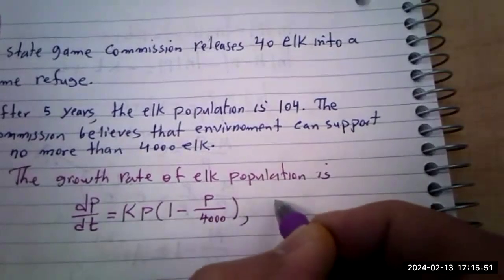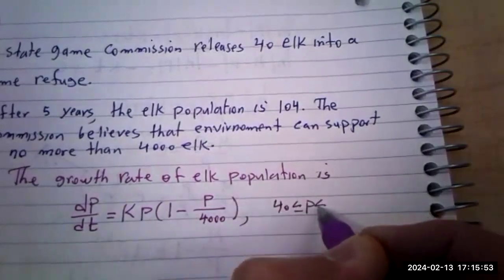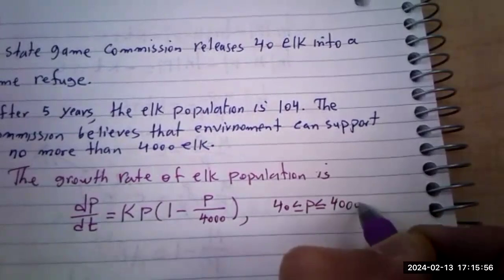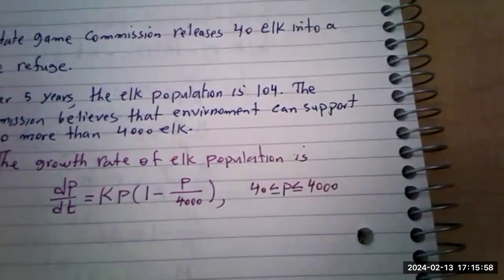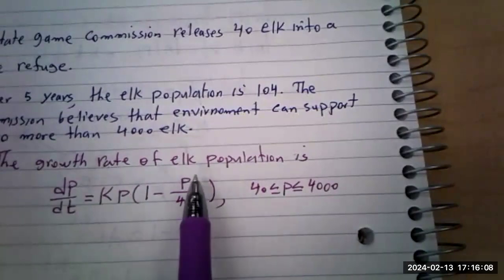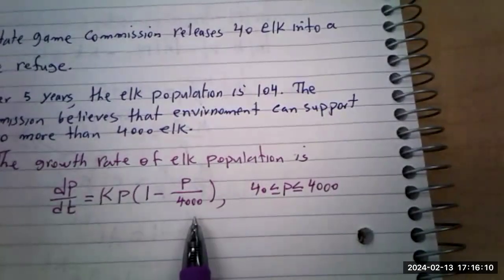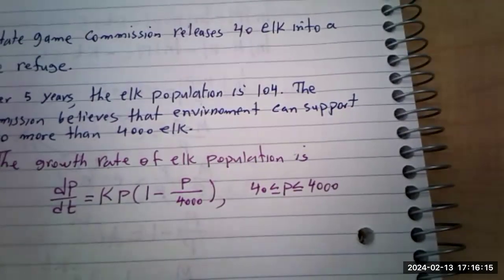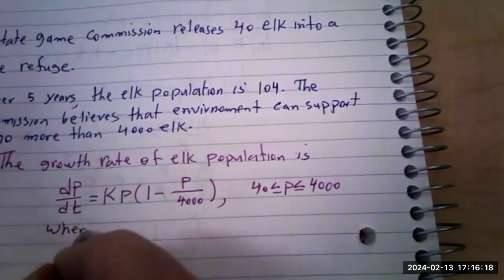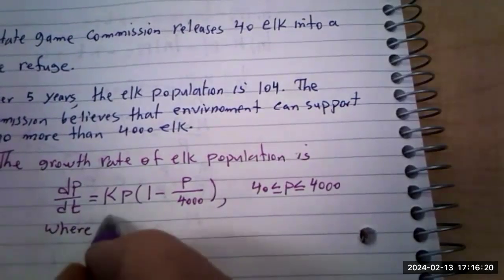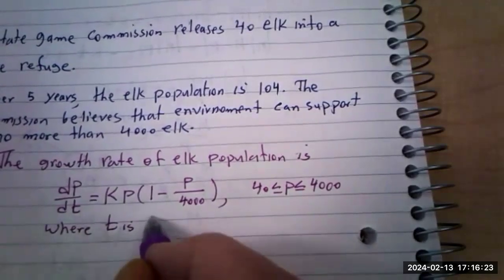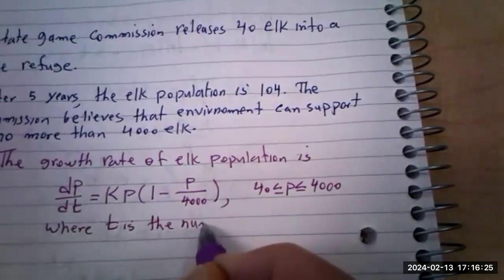Okay, that's it. And P is between 40 and 4,000. So as you can see, if you compare it with the formula that we talked about, this is going to be a logistic equation, and if you check the formula that we gave you, this was P over M. So quickly you have to take these numbers out; your M would be 4,000. And the unit for t is the number of years.